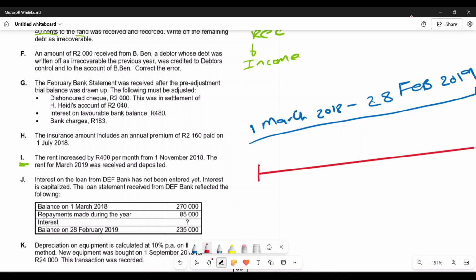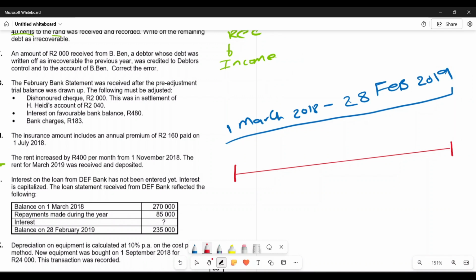So first I'm going to write down my timeline. I'm going to represent all the months that I received rent for. It's going to start from March, then April, May, July, August, September, October, November, December, then Feb.